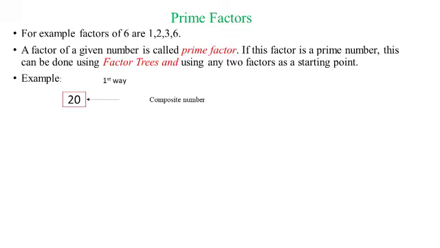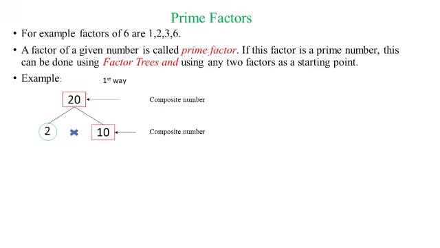Now we can use any two factors to split 20. We know 2 times 10 is 20, so I split down 20 as 2 times 10. Here 2 is a prime number, I circle 2. And 10 is composite, I should split down.